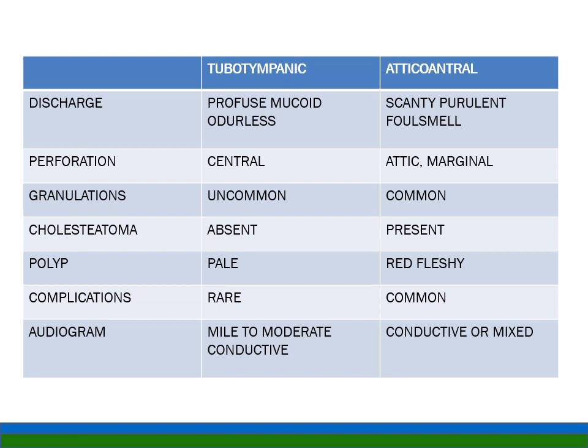Cholesteatoma is absent in tubotympanic disease, and most of the time it is present with atticoantral disease. Polyp is pale in tubotympanic and red fleshy in atticoantral. Complications are very rare in tubotympanic disease and very common in atticoantral disease.